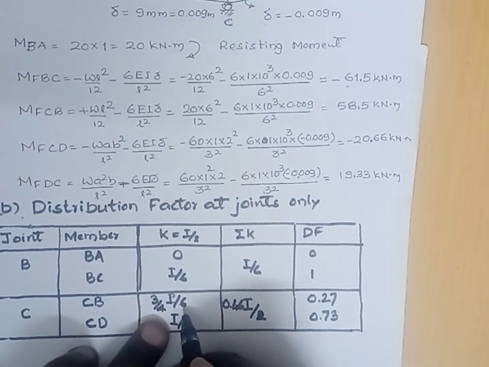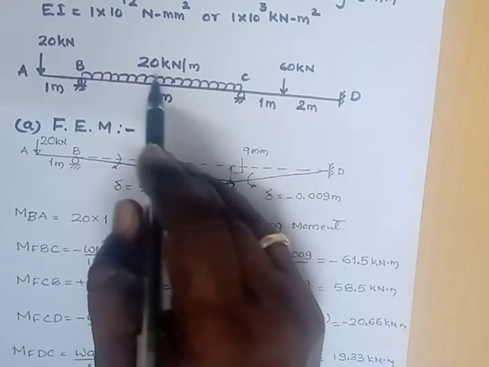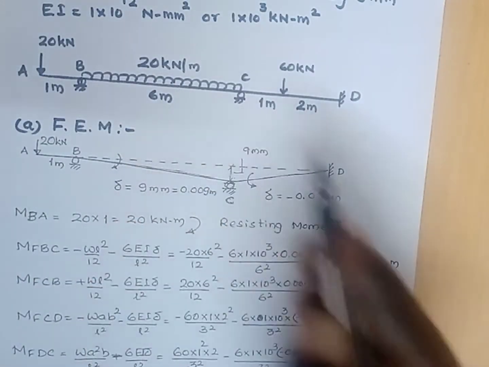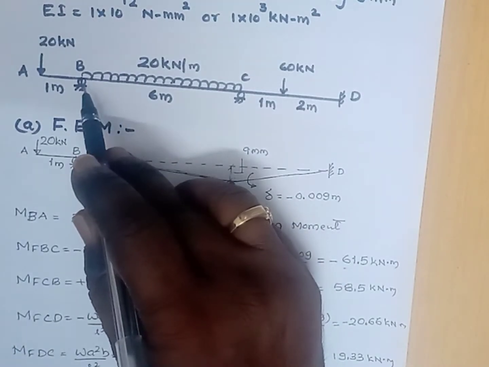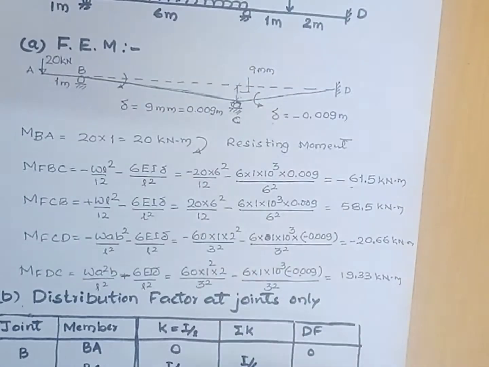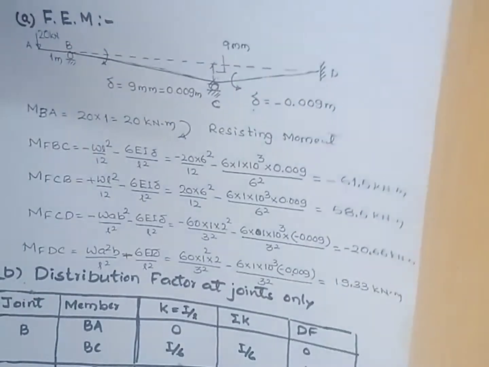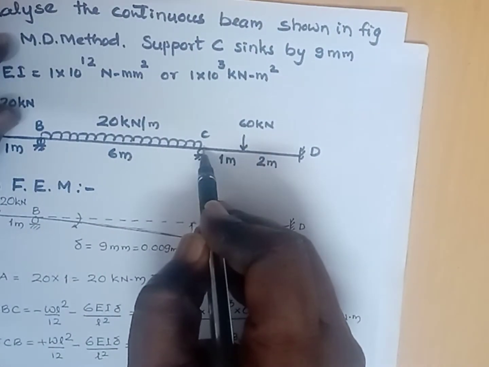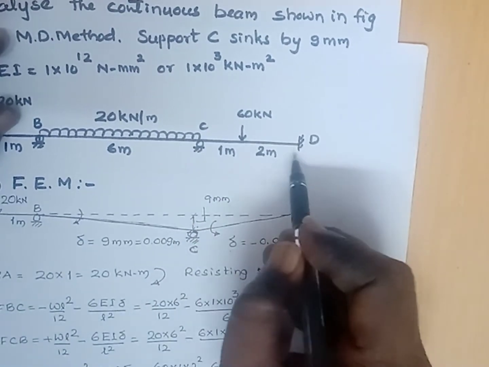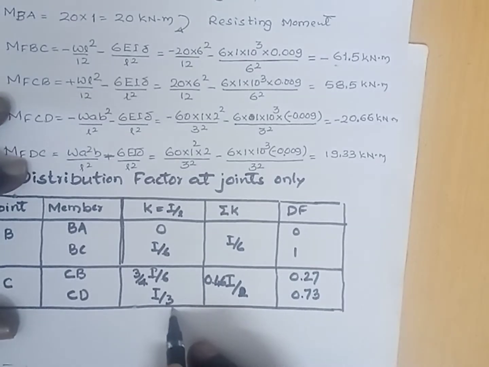Moment of inertia is I and length is 6 meter. With respect to C, B is discontinuity. Therefore 3/4 of I by 6. Then with respect to C, D is continuous or fixed. Therefore K equals I by L, that one is I by 3.